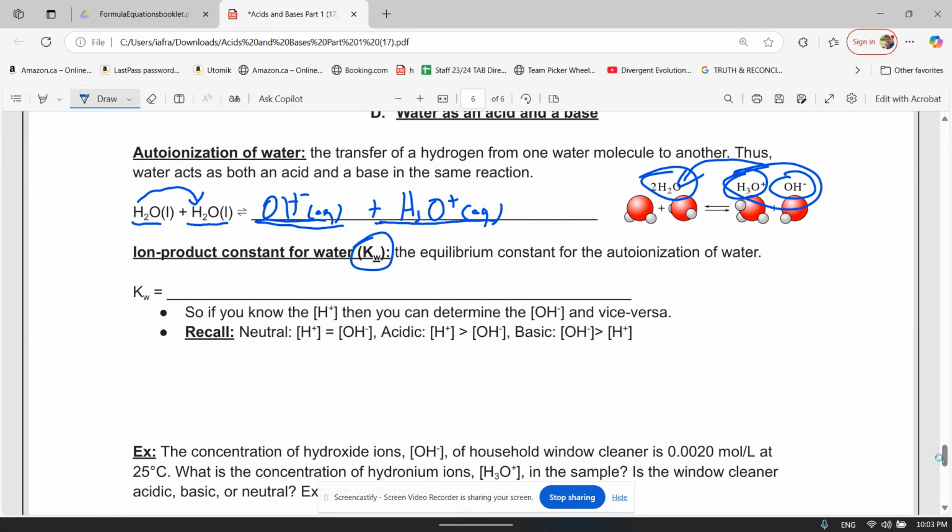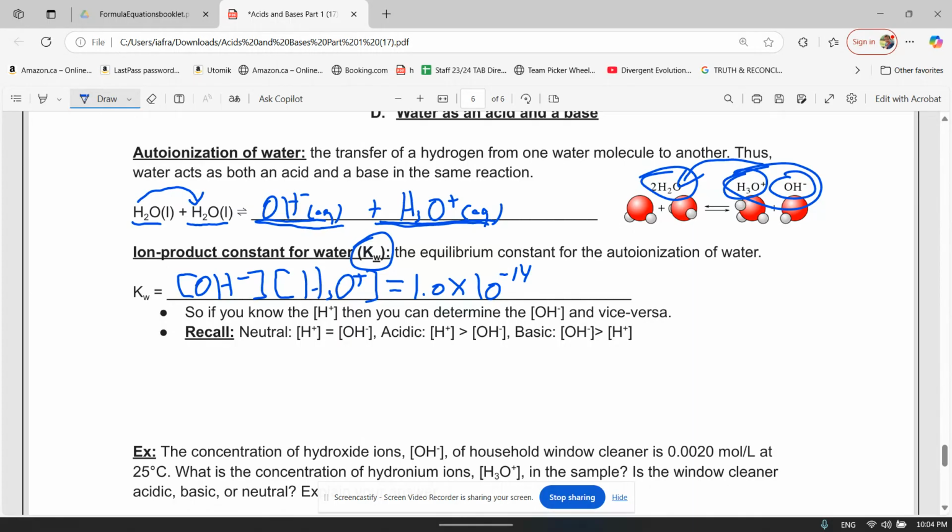It's going to be OH minus times H3O plus. What's important to understand is that this is also at a specific temperature. And at a specific temperature, this Kw is going to be 1.0 times 10 to the power of negative 14.